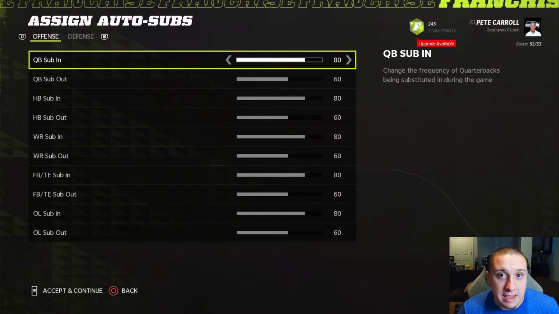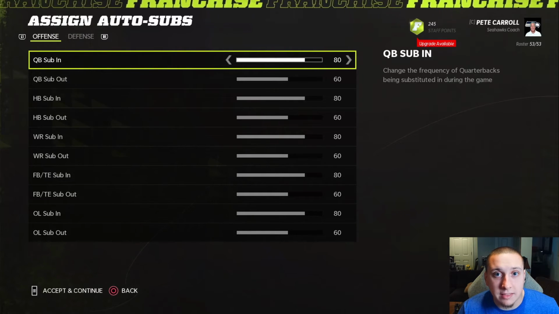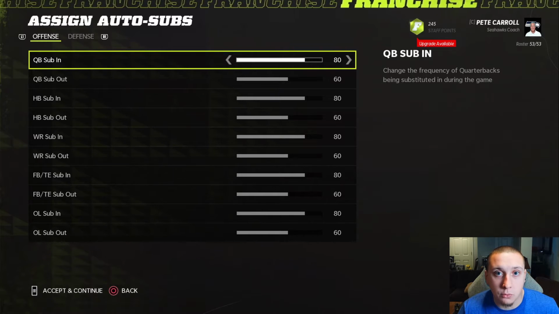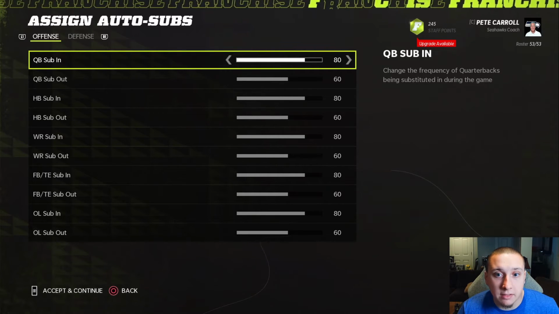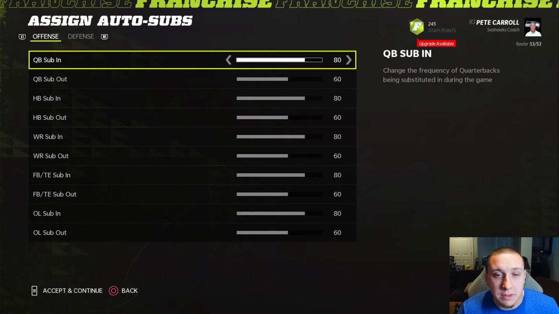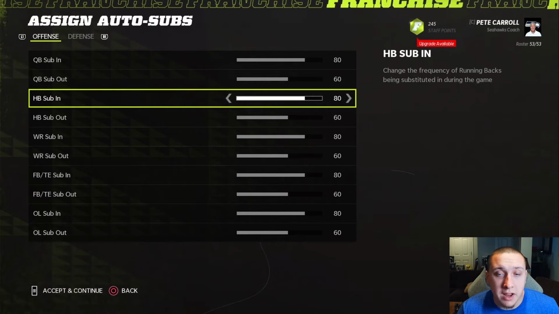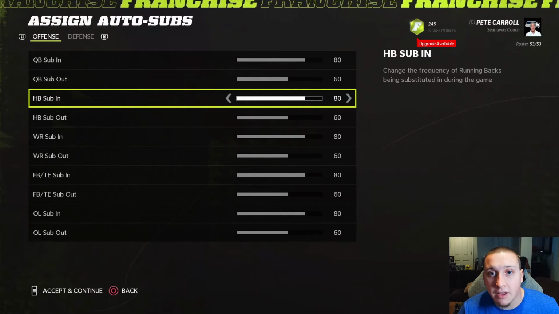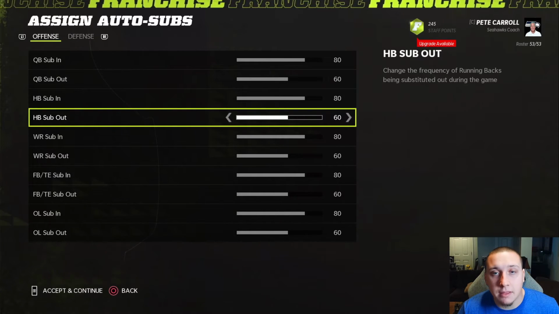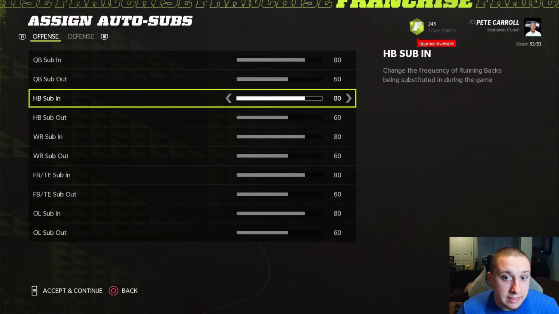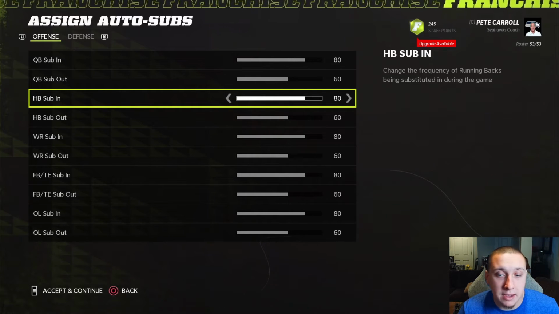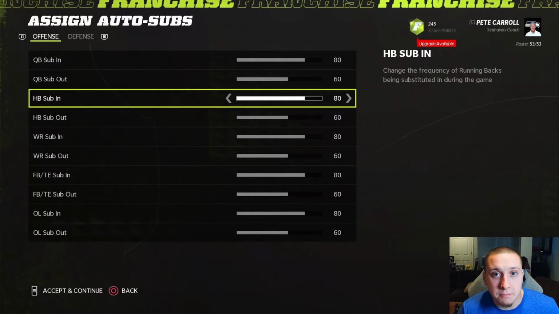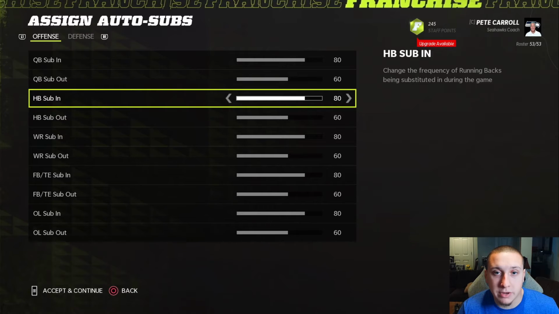And the argument is that this auto sub slider now aligns or correlates directly with a player's fatigue level. So the argument would be, in detail, that for a running back, if they have a fatigue level of 75, when they sub out of the game, they are not going to come back into the game if you have their sub in number at 80, because a player's fatigue is capped this year in Madden 22 at whatever it is pre-game.